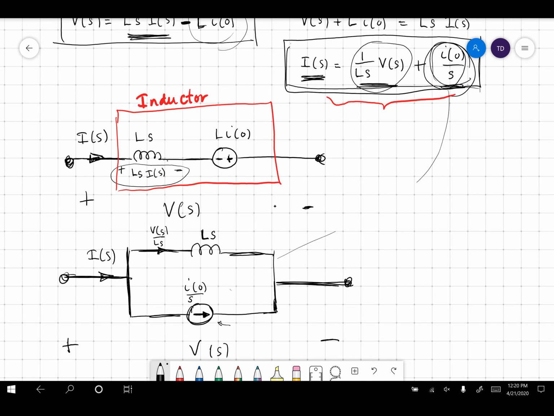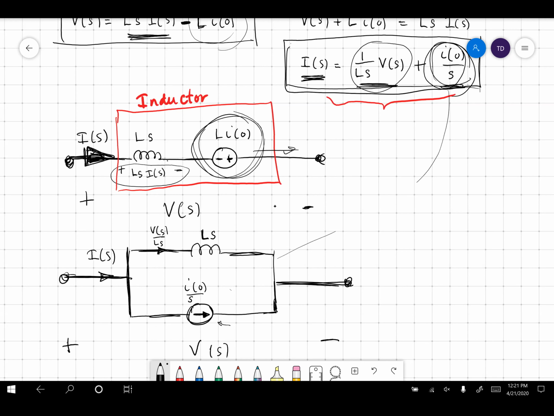So the initial condition in an inductor is the current going through the inductor. Notice how the current going through the inductor is in this direction right here, and this source right here wants to keep the current going in that direction. This source wants to push a current in that direction. The minus to plus wants to push the current out the plus side. So that's how I remember how to put those voltage sources in.